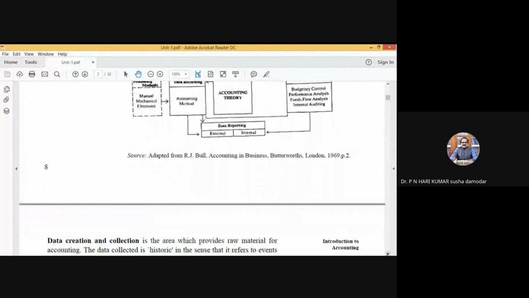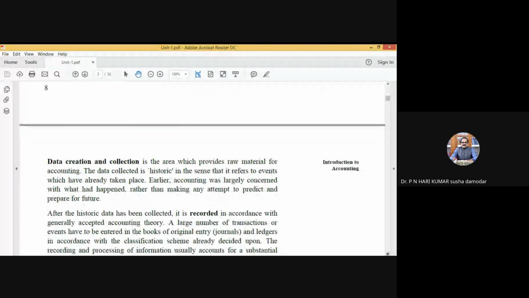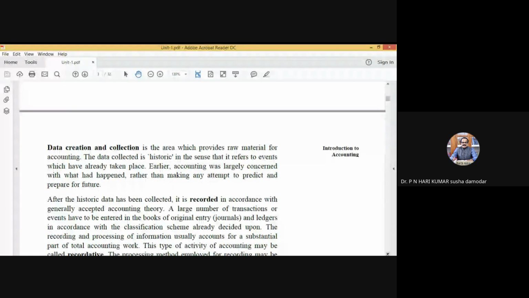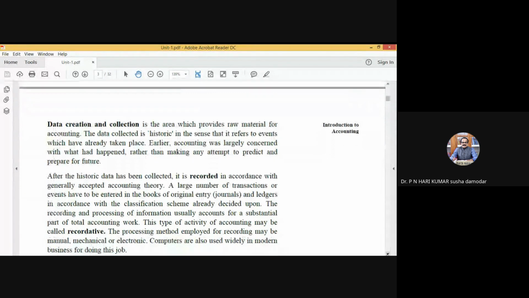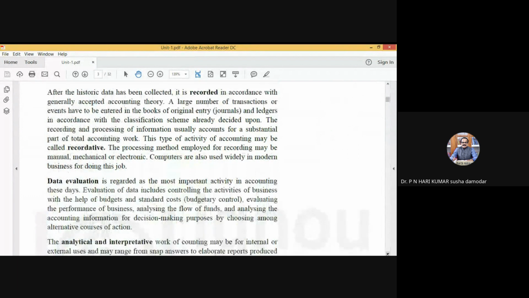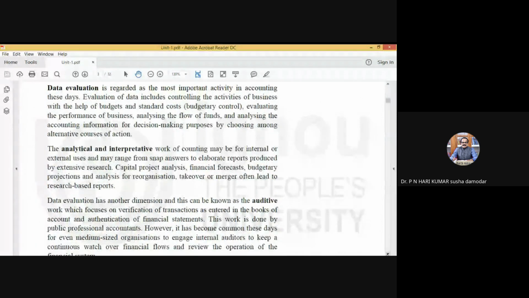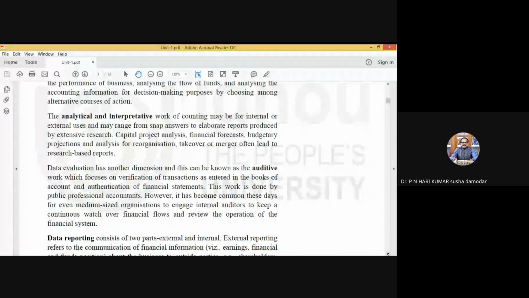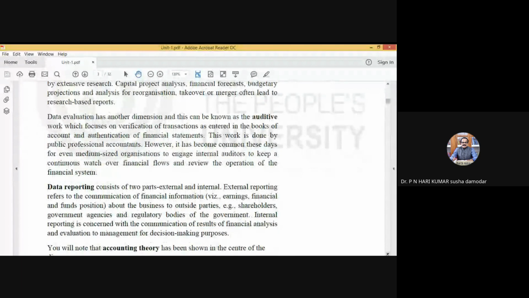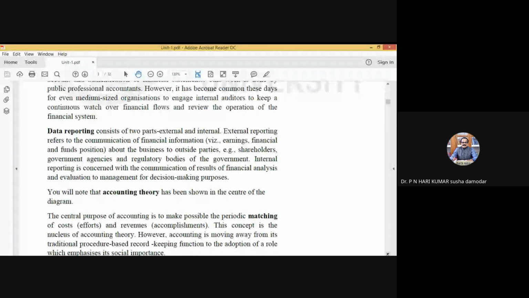Based on this model, we can explain each element: data creation and collection, data evaluation, analytical and interpretative, then data reporting, and there will be an accounting theory. All these are properly done by following the accounting theory.